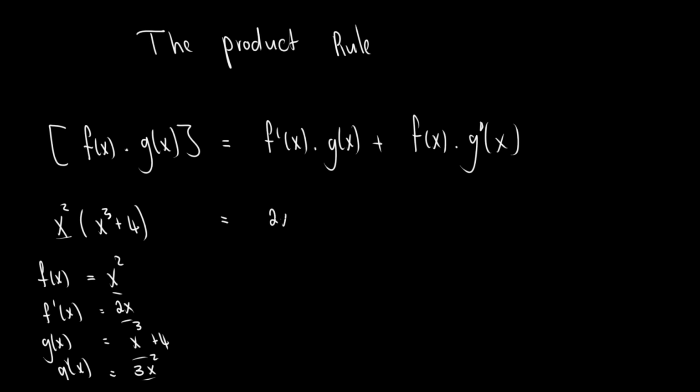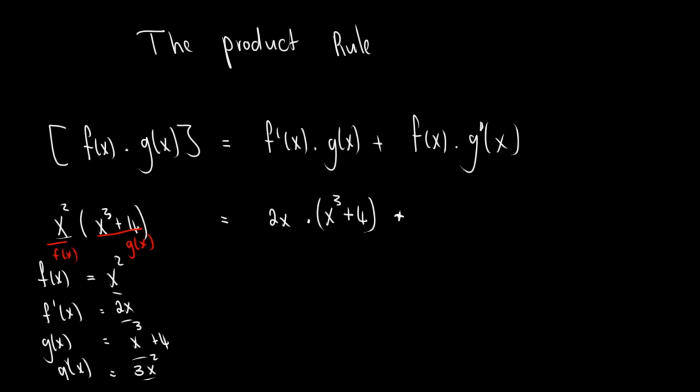So I can say, well, 2x times the g of x is going to be x cubed plus 4. And we can add this to, so let me just make this very clear quick. So here, this is my g of x, and this is my f of x.